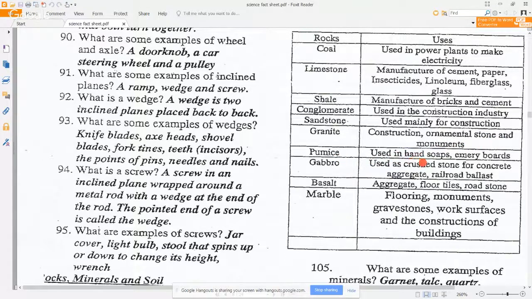Pumice used in hand soap and emery board. So it's used as an abrasive. Gabbro used as crushed stone for concrete aggregate, railroad ballasts. Basalt, aggregate, floor tiles, and road stones. So we have marble, used for flooring for monuments, gravestones, work surfaces, and for the general construction of buildings.